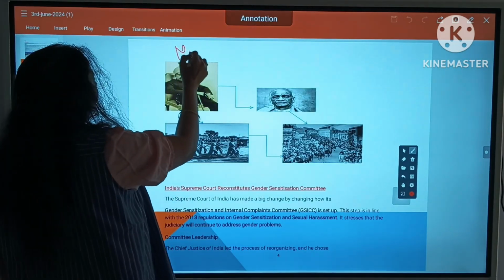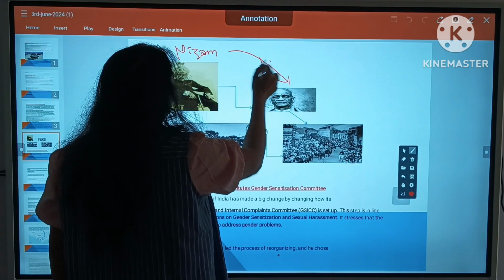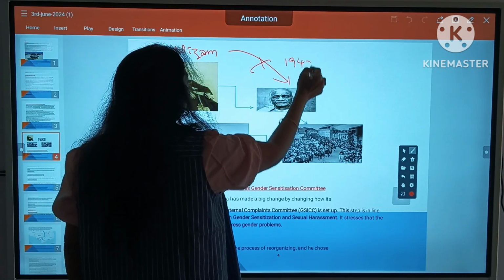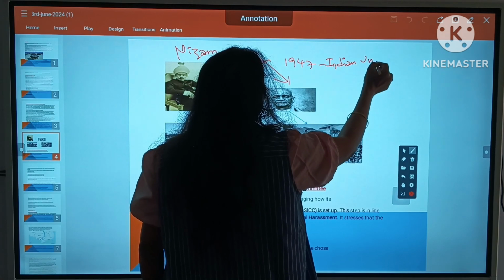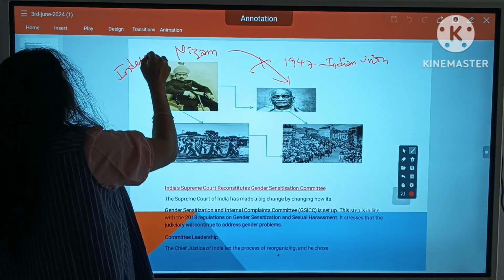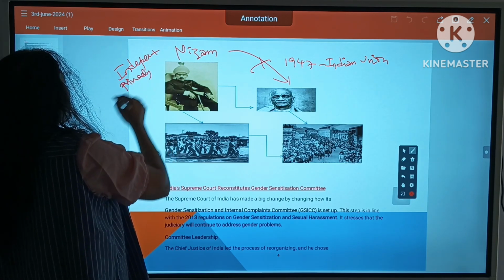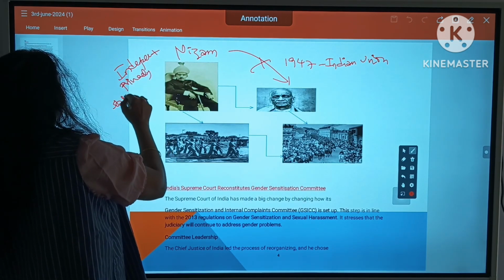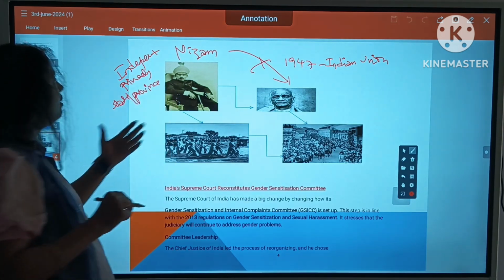So Nizam king didn't want to join Indian Union at the time of 1947. Okay, he wanted to become an independent princely state. Princely state or province, whatever you say, the meaning is the same here.